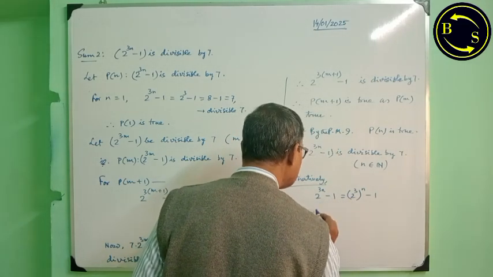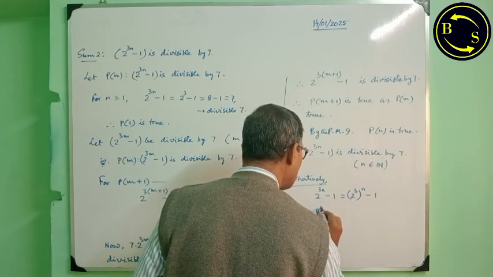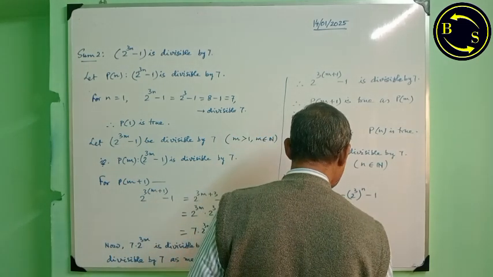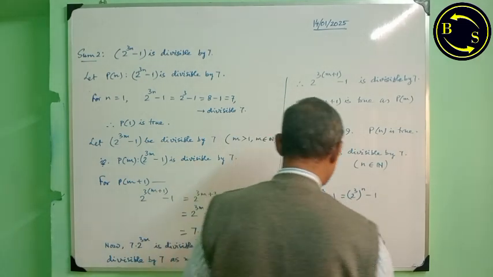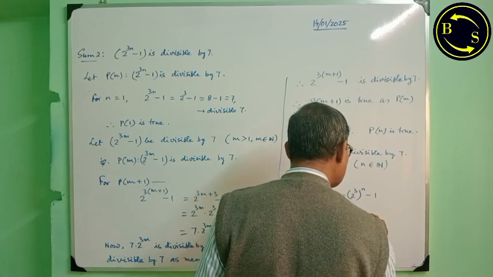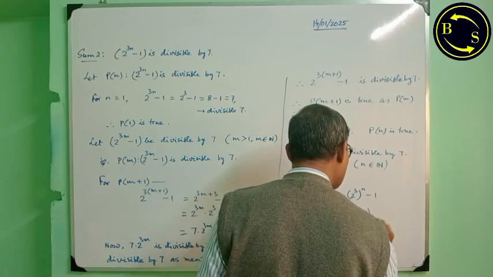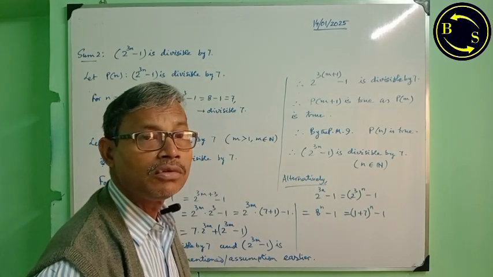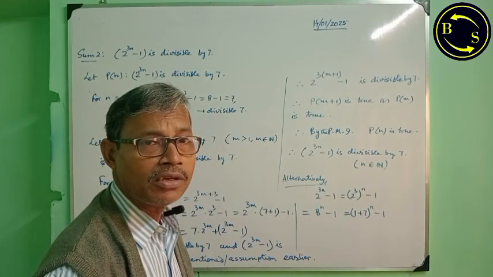This is 8 to the power n minus 1. Now 8 can be written as 1 plus 7, whole to the power n, minus 1. Now I use the binomial theorem.